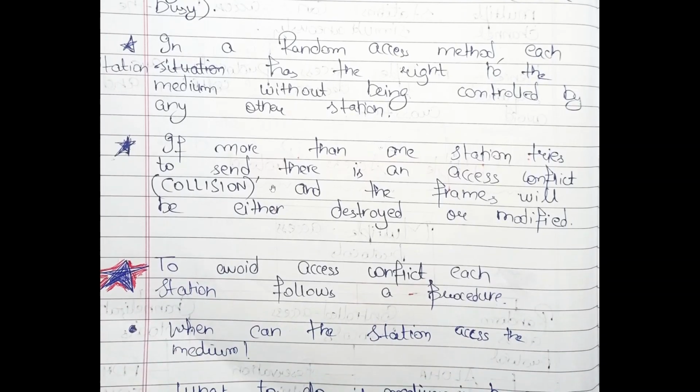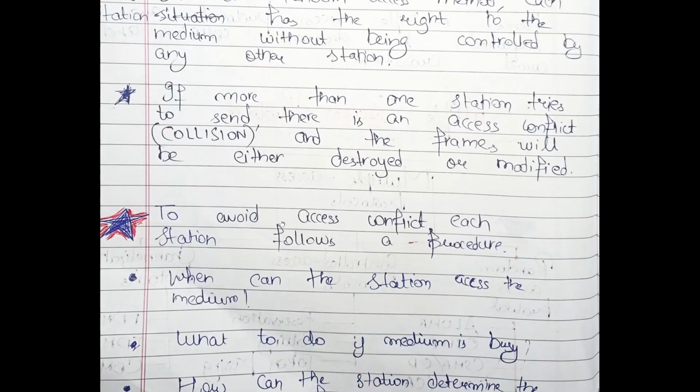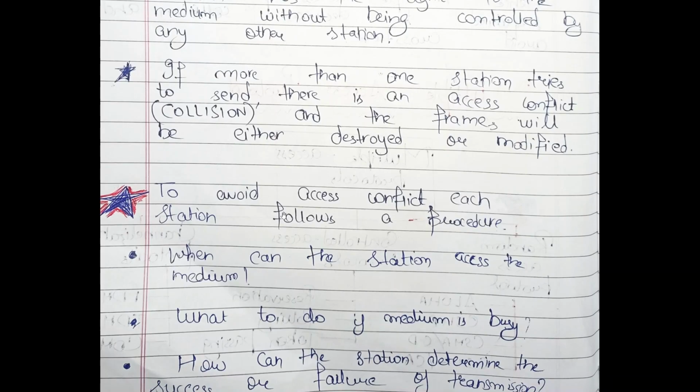If more than one station tries to send, there is an access conflict, collision, and the frames will be either destroyed or modified. It simply is saying that the integrity of the frame won't be maintained. To avoid access conflict, each station follows a procedure.